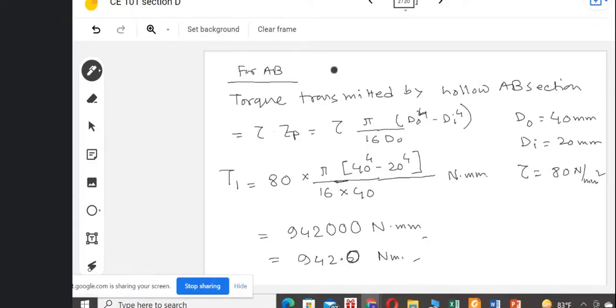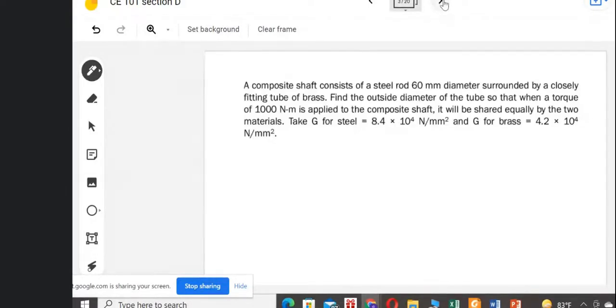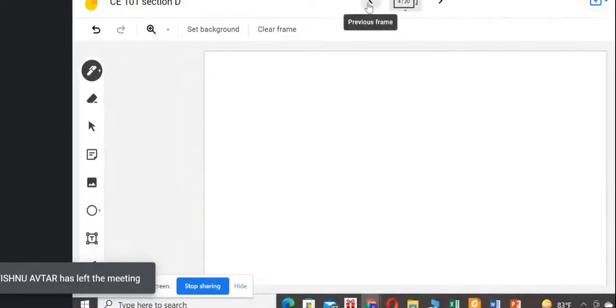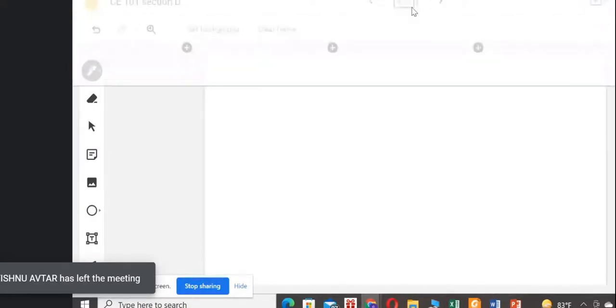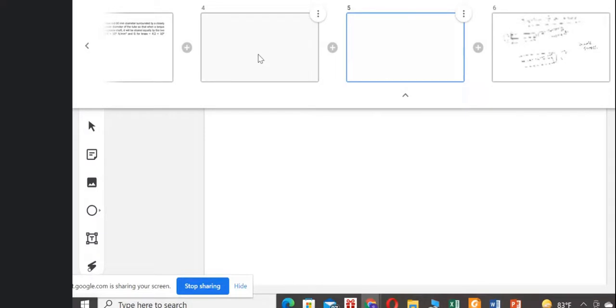Okay, similarly we can do for the BC part. Please tell me the value. I am just clearing some frames so that I can write down the problem.